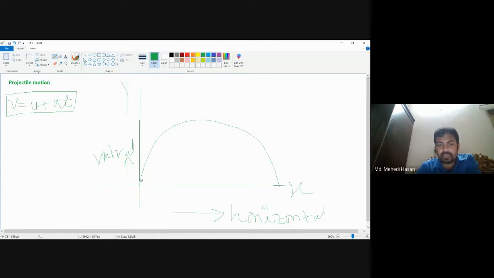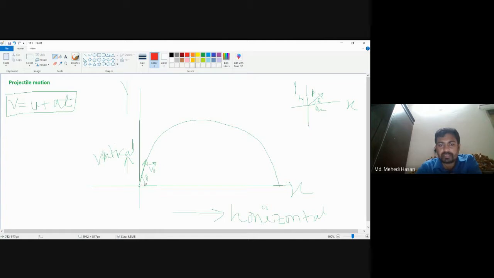Consider the initial velocity, which is v naught, a vector. If we consider an xy coordinate system and a vector making an angle theta with the x-axis, then this velocity vector has two components.